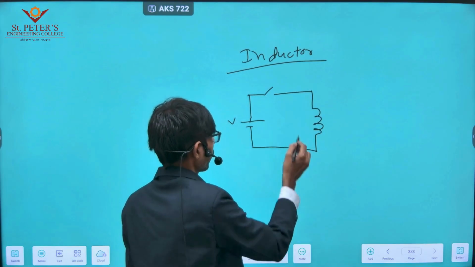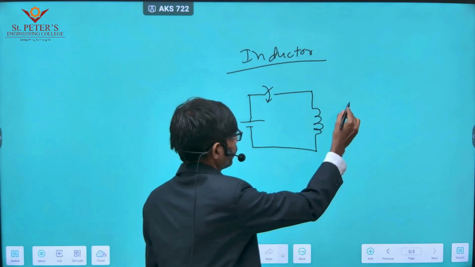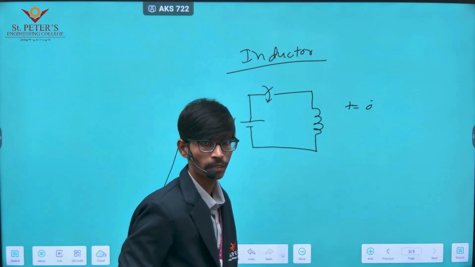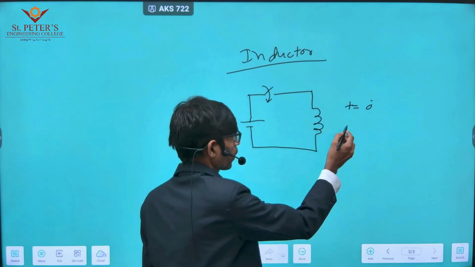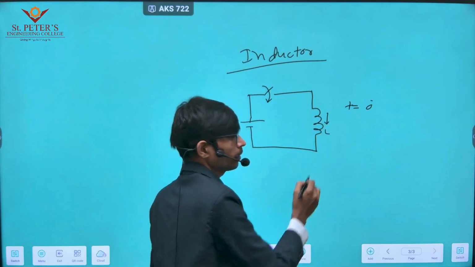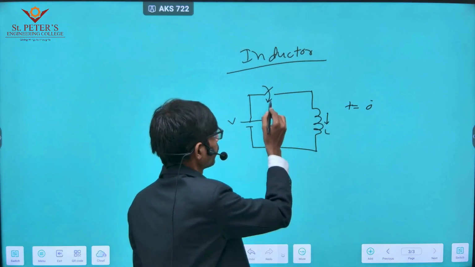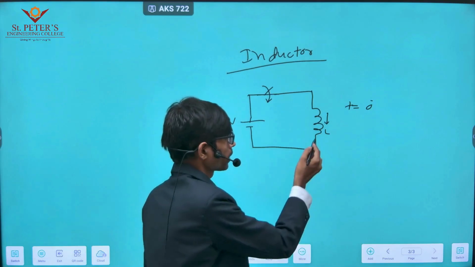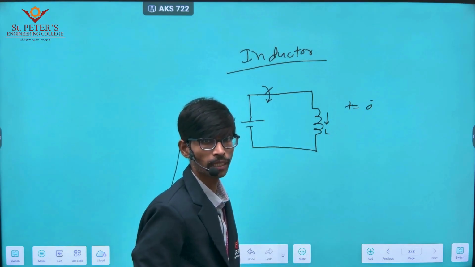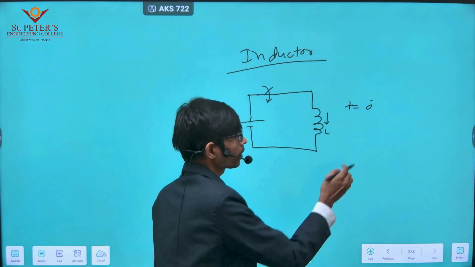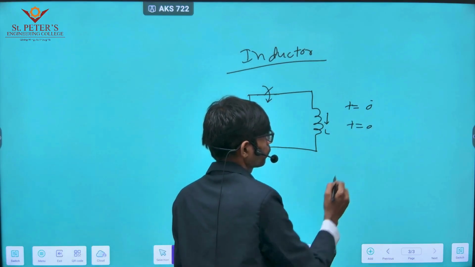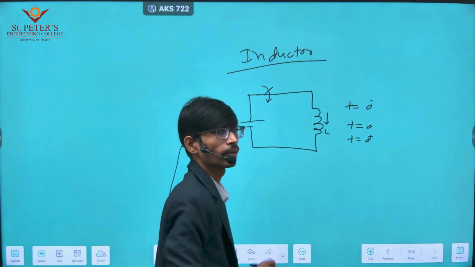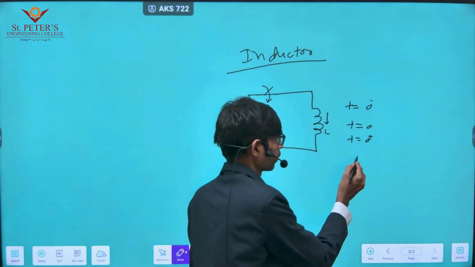At t equal to 0 minus, the circuit is open circuited and there is no current through the inductor L. When the switch is suddenly closed, as the inductor opposes sudden change in current, at t equal to 0 and t equal to 0 plus, the inductor will act as an open circuit.